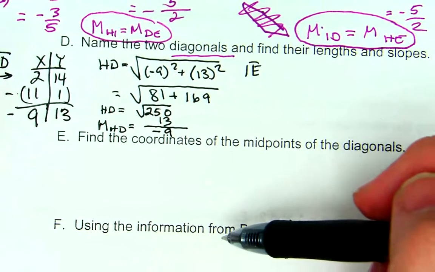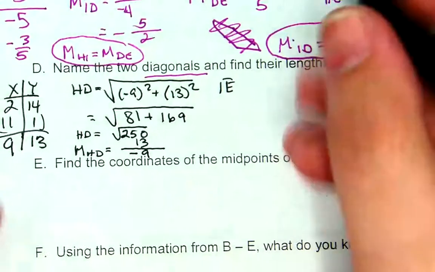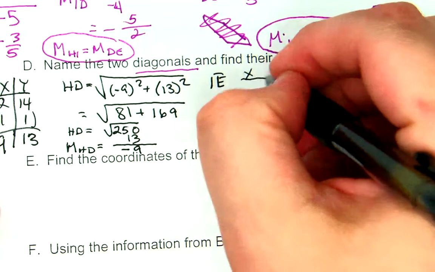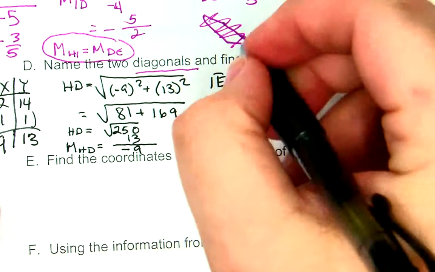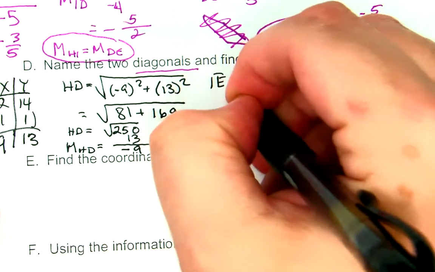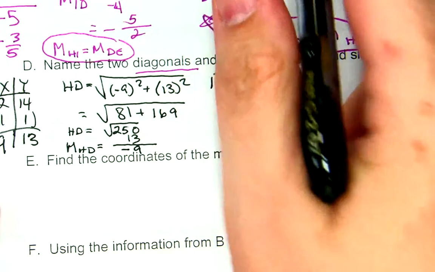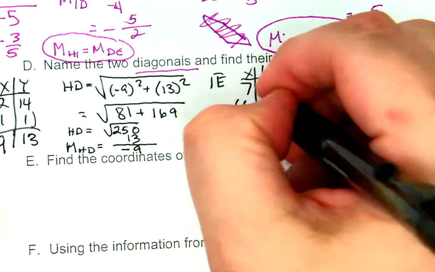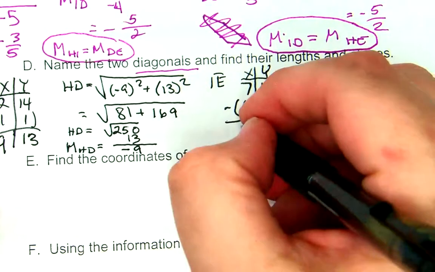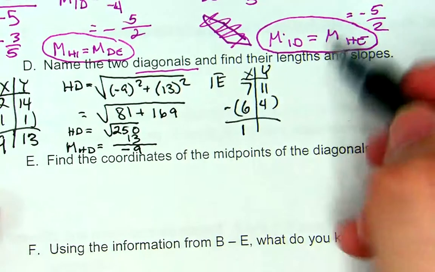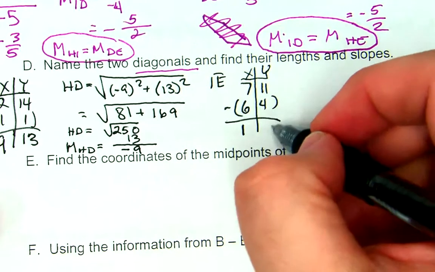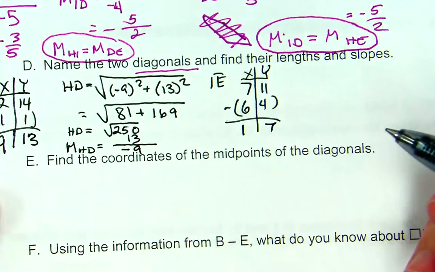Now for IE, I has the coordinates 7, 11, and I'm going to subtract off E, which is 6, 4. 7 minus 6 is 1. 11 minus 4 is 7.